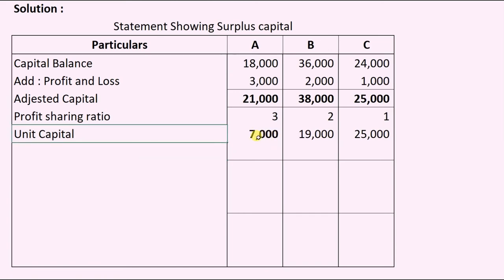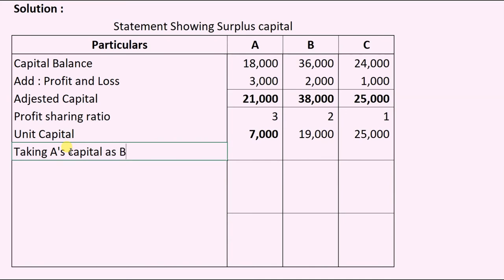From the unit capital we take the least amount from all these three. Here the least amount is 7,000, so we will take 7,000 as a base.